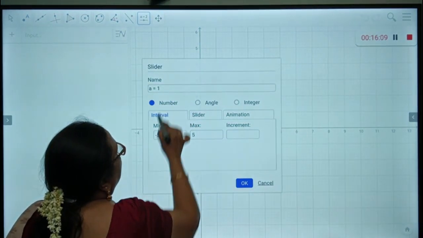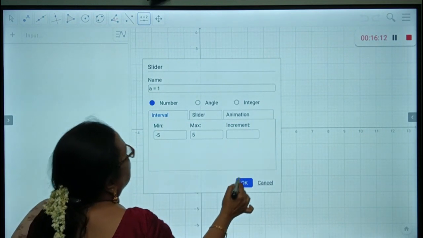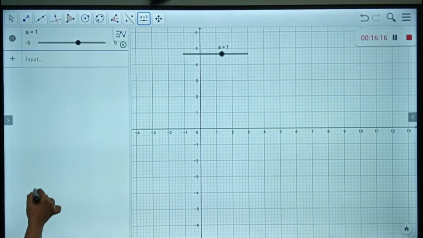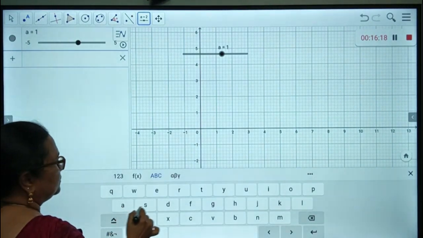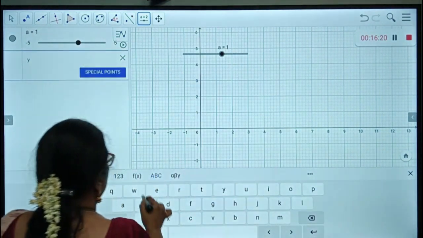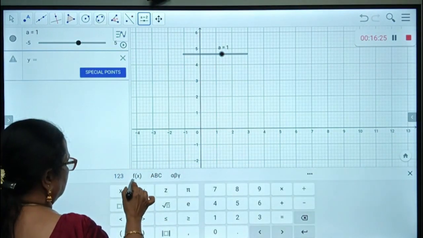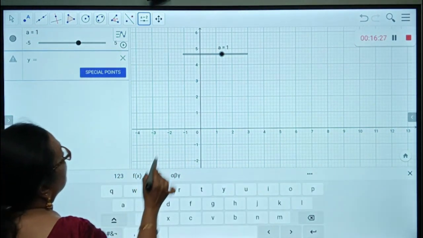A is a slider. It takes the values between -5 to +5. Okay. Now in the input box, I am going to type y equal to, what is the variable?